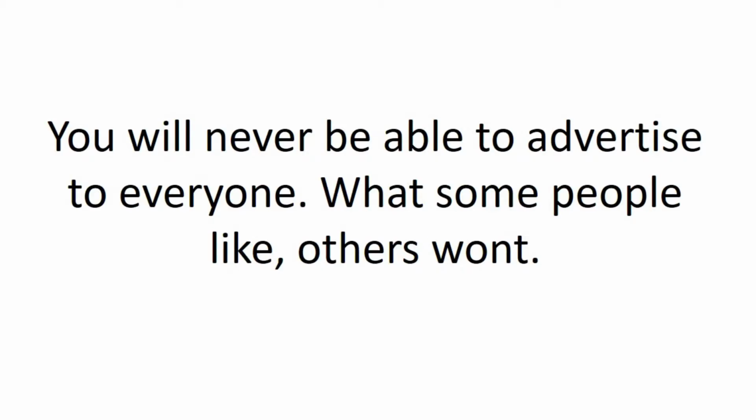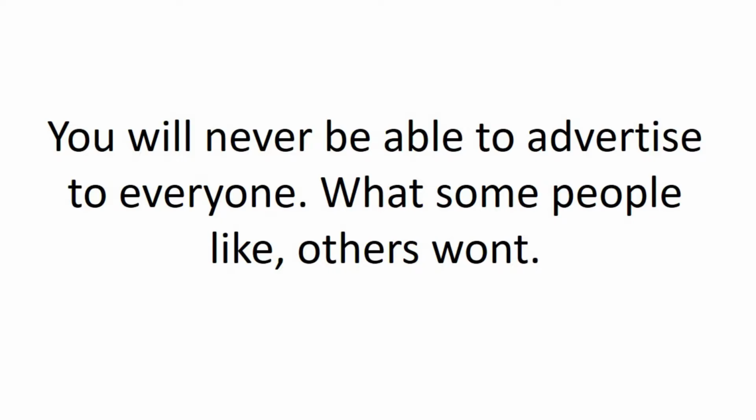The reality is you can't advertise to everyone because there are so many different consumers. And the reason segmentation is so powerful is because with all these different variables, you will realize that what some people like, others won't. So trying to market to a wide group of people all at once is not effective. It's a waste of time and resources. So why not focus on the ones who you have a higher probability of reaching?